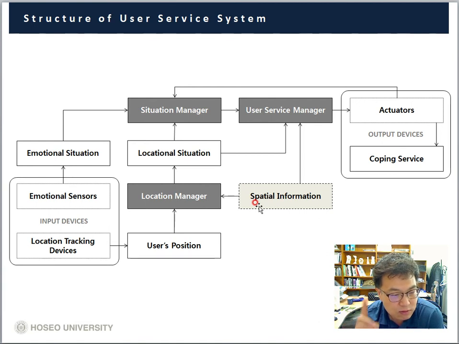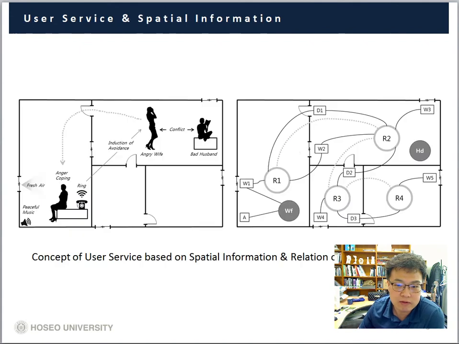For example, location tracking systems or sensors only acquire numerical positions, but the user location is not a numerical position. It's very semantic.